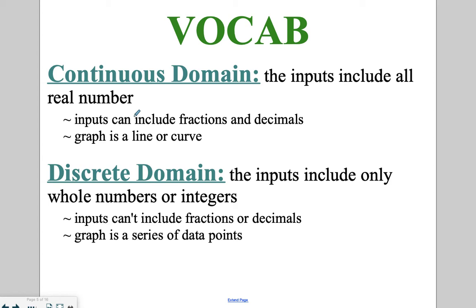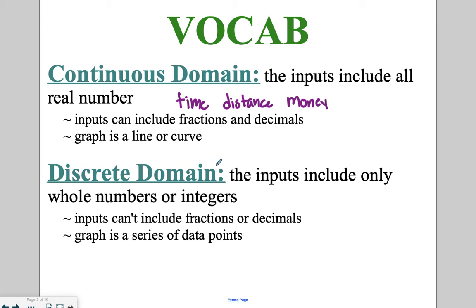So it's going to be a line, a curve, something to connect those separate points. Examples of continuous domain: amounts of time. You can have half hours, you can have whole hours, you can have quarters of an hour. Distance, same thing. You could have 6.7 miles or 1.84 kilometers or 2 3/4 miles. Money, because we have dollars and cents. So those are all continuous.